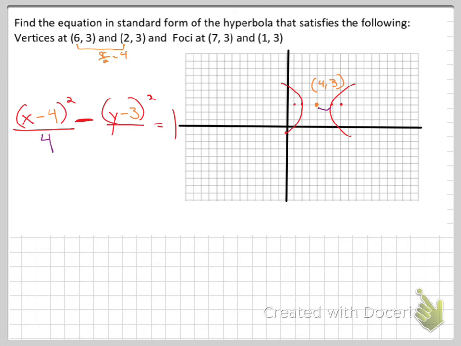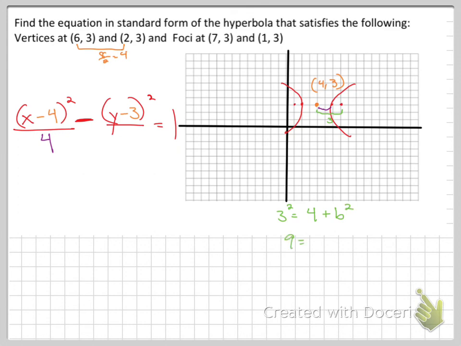And I can also see, 1, 2, 3. C is 3. So I know 3 squared has to equal 4 plus b squared, right? Because I already squared the 2.